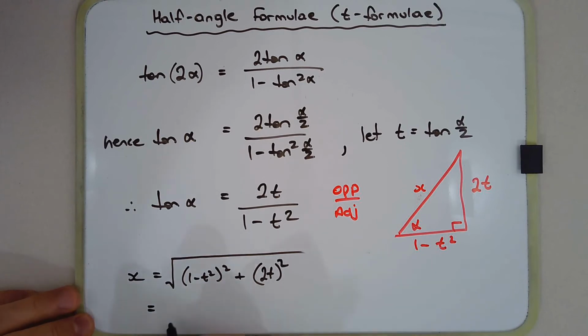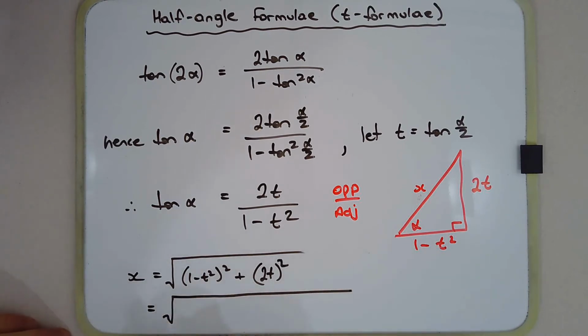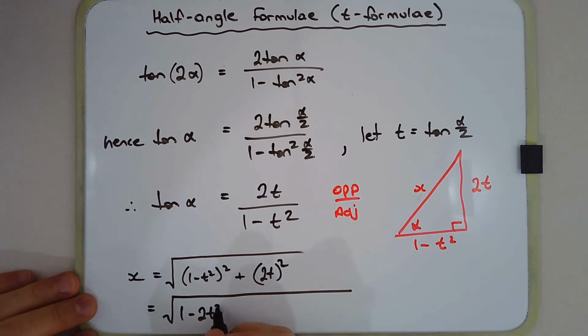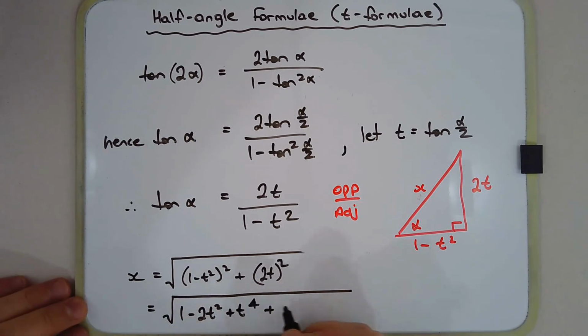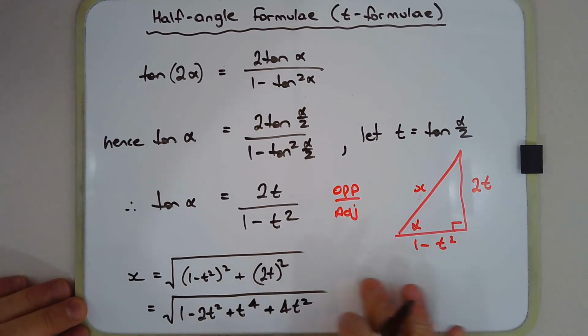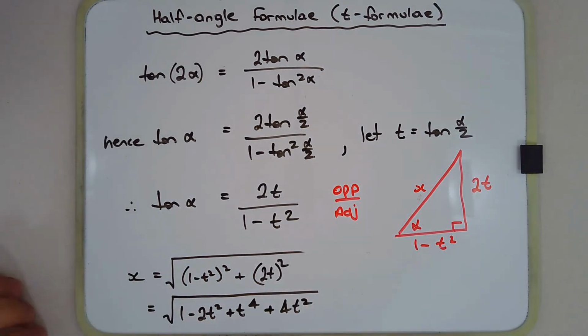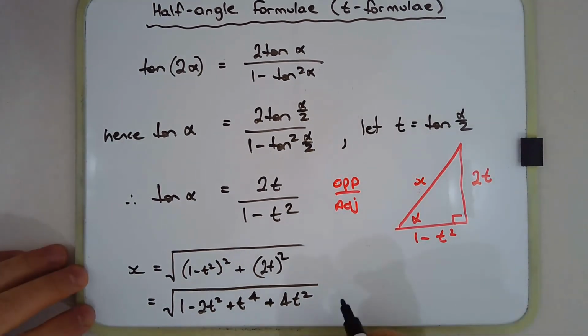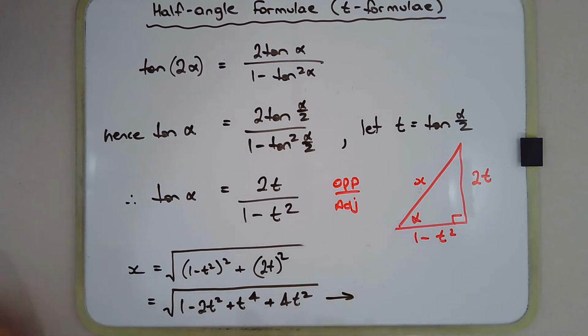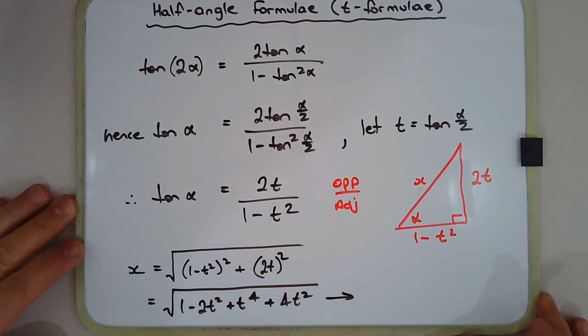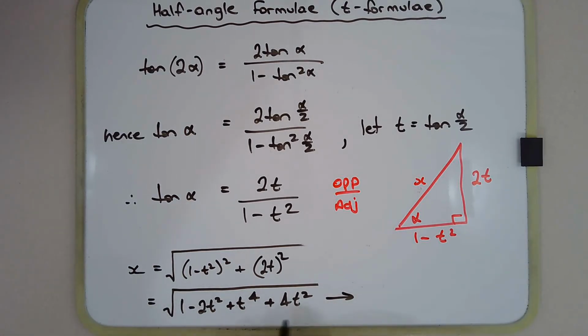Okay, if we expand the brackets, let's see what we get. So 1 minus t squared, all squared, we get 1 minus 2t squared plus t to the power of 4, plus 4t squared. I'm just running out of space here, so I'll flip the board over shortly. We can combine some like terms here: negative 2t squared plus 4t squared.